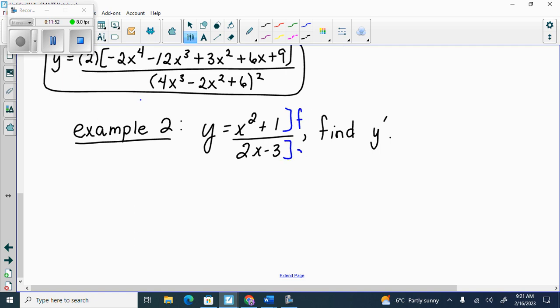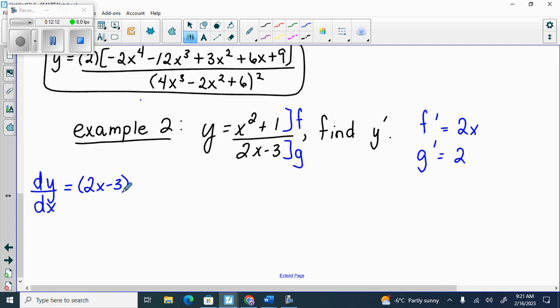This is g. f prime is 2x. g prime is 2. So we're going to get y prime, or dy over dx, equals g, 2x minus 3, times f prime, which is 2x, minus f, which is x squared plus 1, times g prime, which is 2, all over g squared.